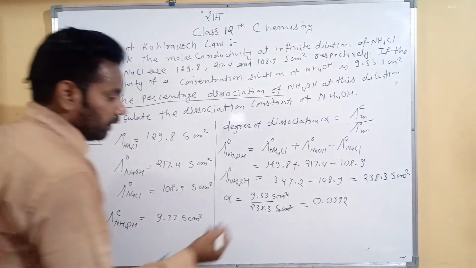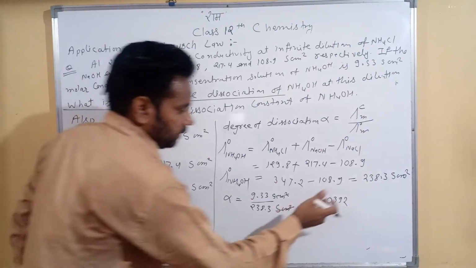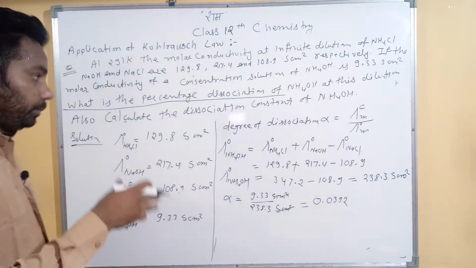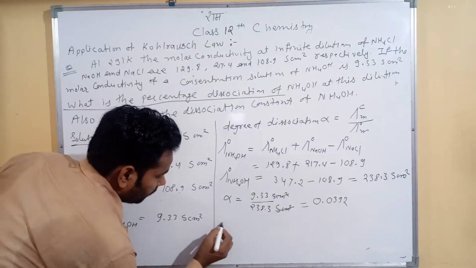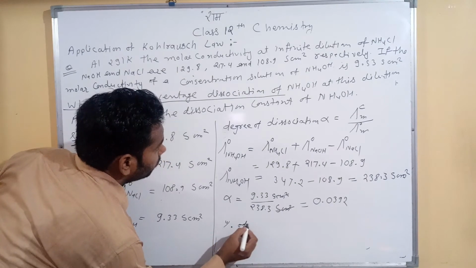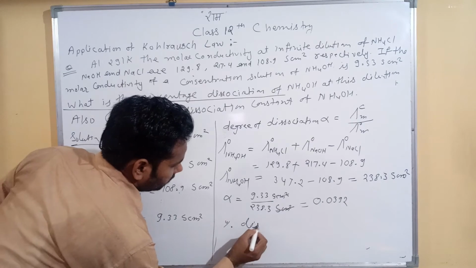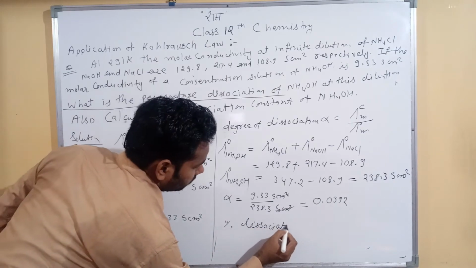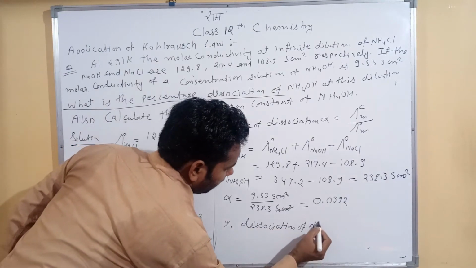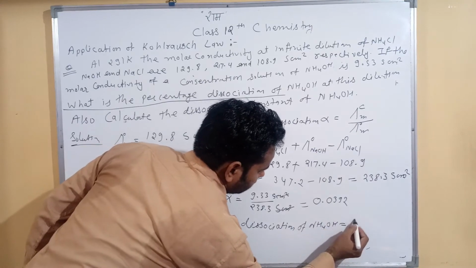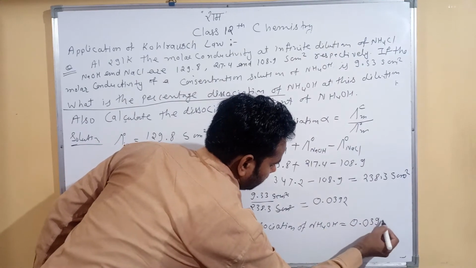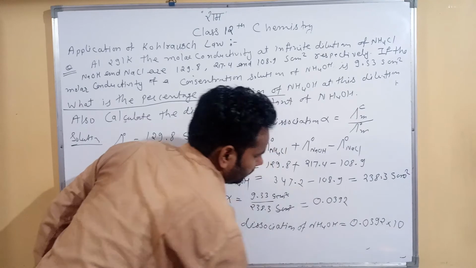So what I do is multiply by 100, so it is converted into a percentage. The percentage dissociation of NH4OH is equal to 0.0392 into 100.